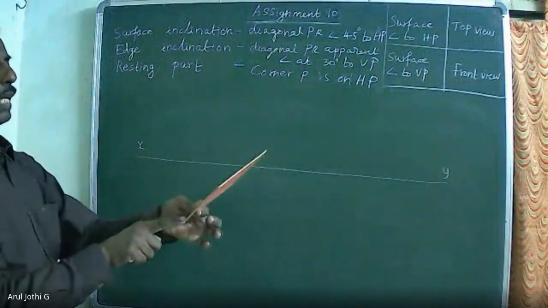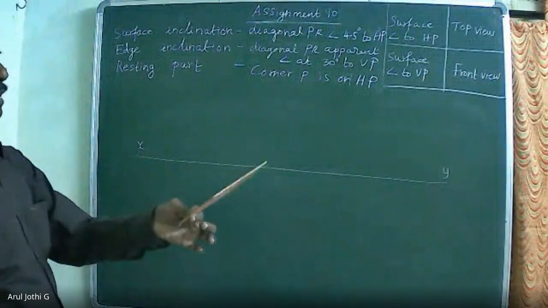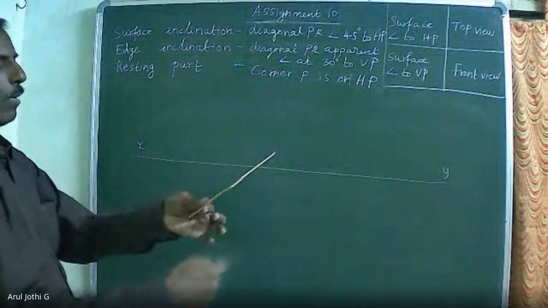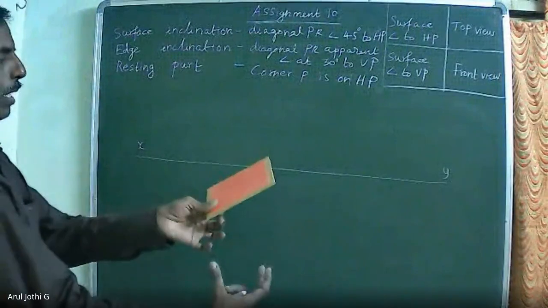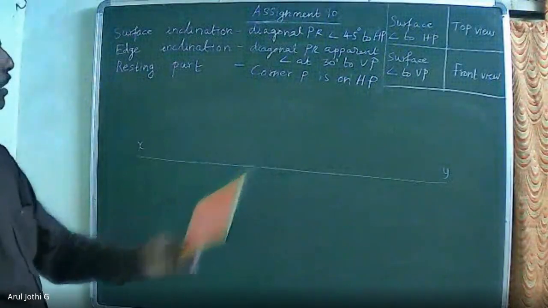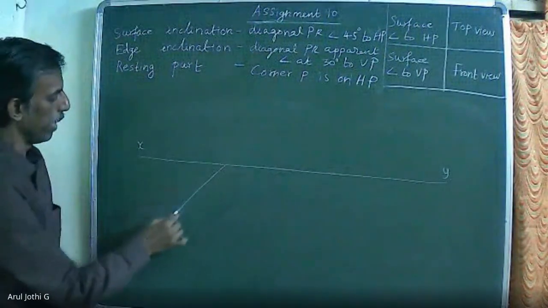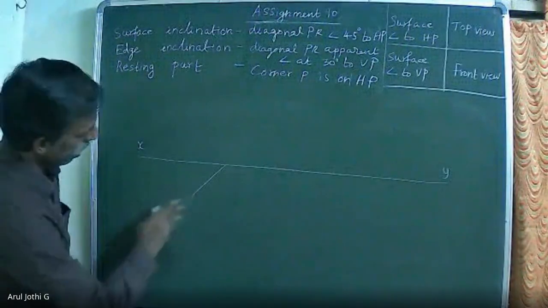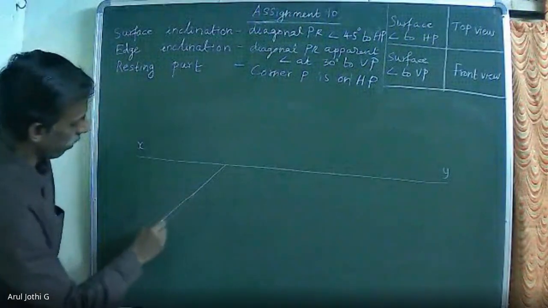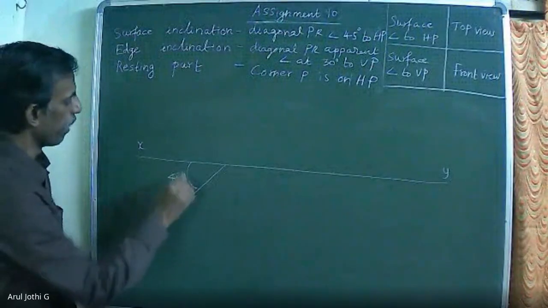In the second diagram, when you rotate the front view, diagonal PR will be inclined 45 degree to HP. In the third diagram, the same diagonal PR, that is the top view, I am going to rotate to 30 degree. That is called the apparent inclination. Now you have to measure 45 degree. That is important. Even though the angle is not given in the problem, you have to take 45 degree.